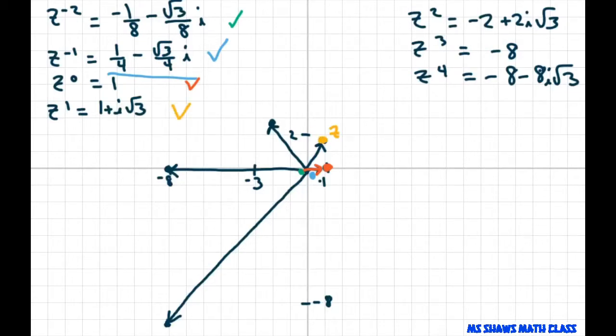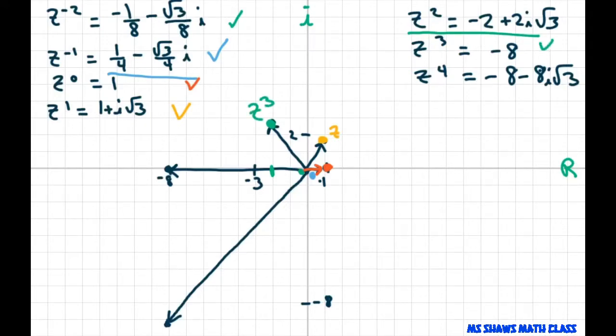Okay. z squared is right here: negative 2 and then 2i square root of 3. Remember, this is your imaginary axis and this is your real axis.